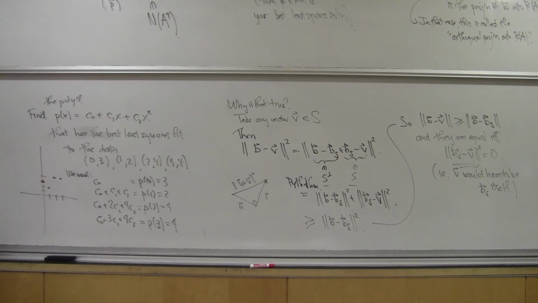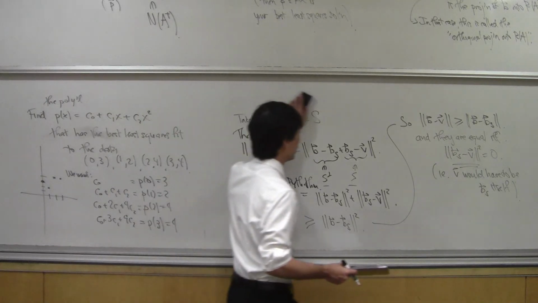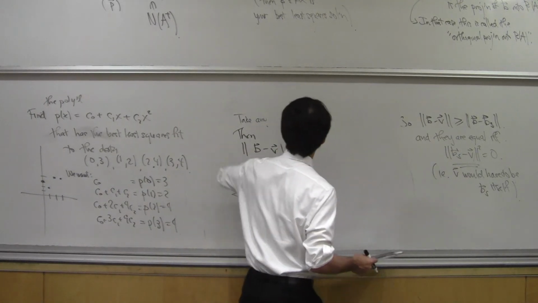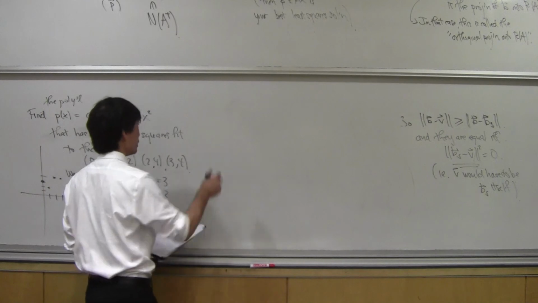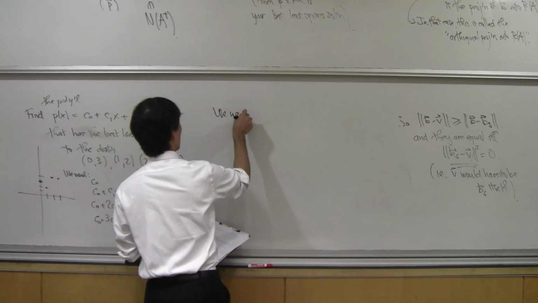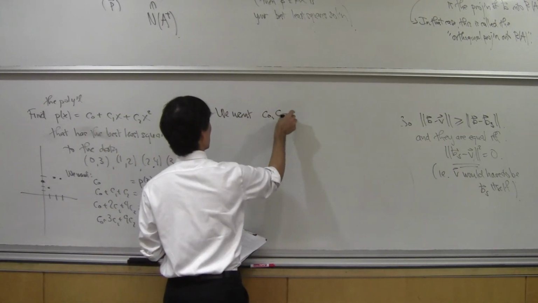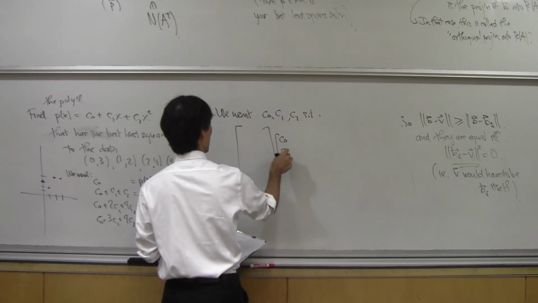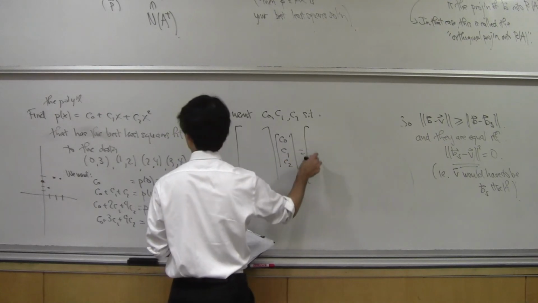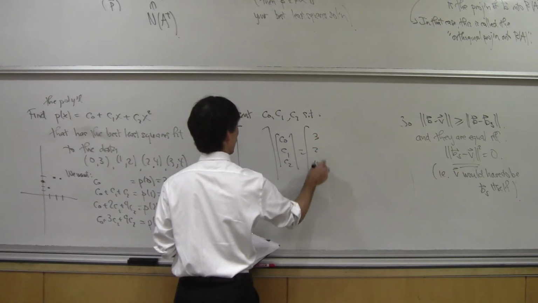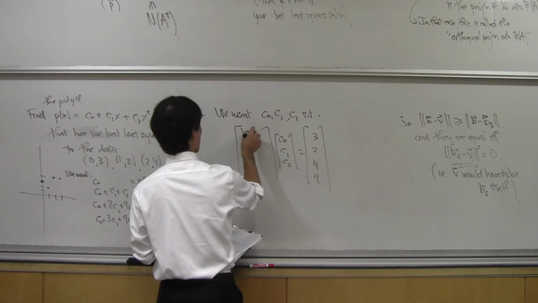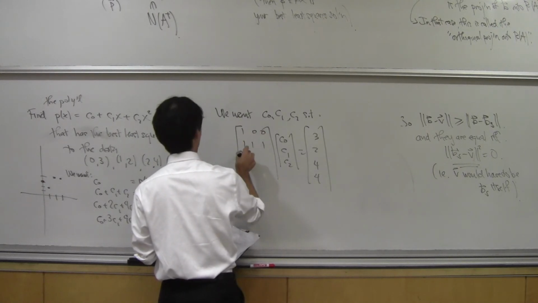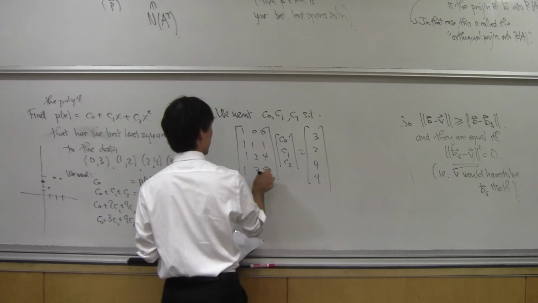And so we have a linear system of equations. We want c0, c1, c2 such that the matrix with rows (1, 0, 0), (1, 1, 1), (1, 2, 4), (1, 3, 9) times (c0, c1, c2) equals (3, 2, 4, 4).